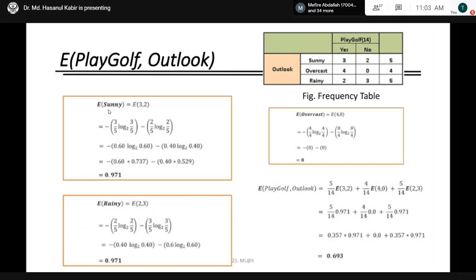And if you do this calculation, what is the entropy for this split? 0.693. So this is what you will have if I take the split for outlook.